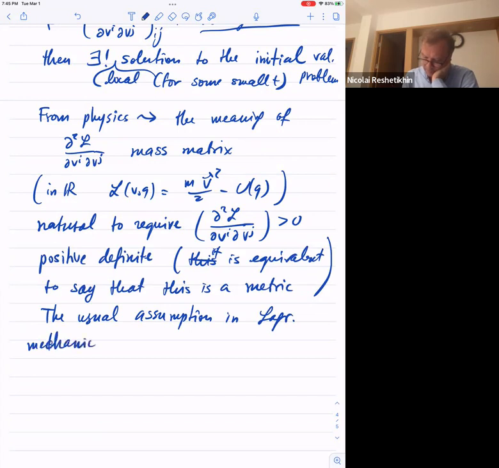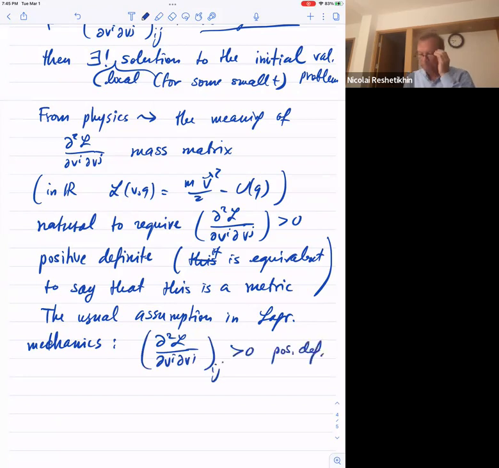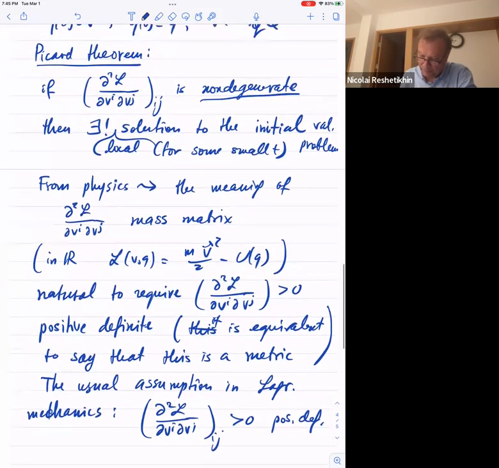Mechanics is that this matrix, not these partial derivatives, but the whole matrix is positive definite. There is a notion of totally positive matrices where all entries are positive. It's a very important notion, but here it's just positive definite, that's what usually we have.